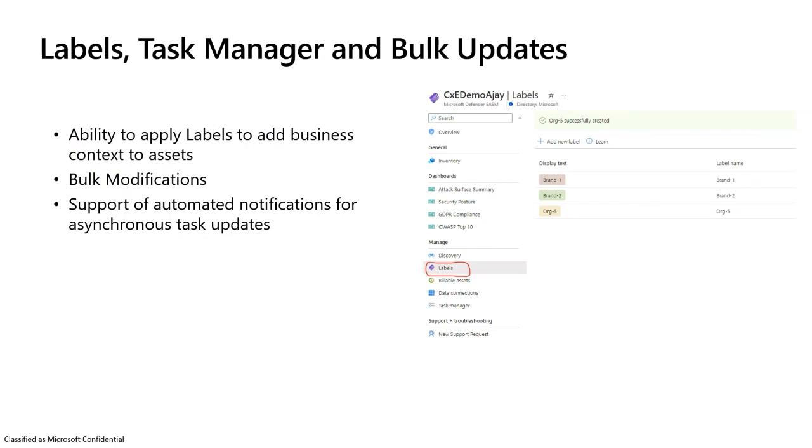So you get accountability, and you get this option of doing it at scale. The same thing can also be done or automated using the API. But having this feature within the UI is of great importance because it simplifies the job of the security analysts who want to organize and categorize things.